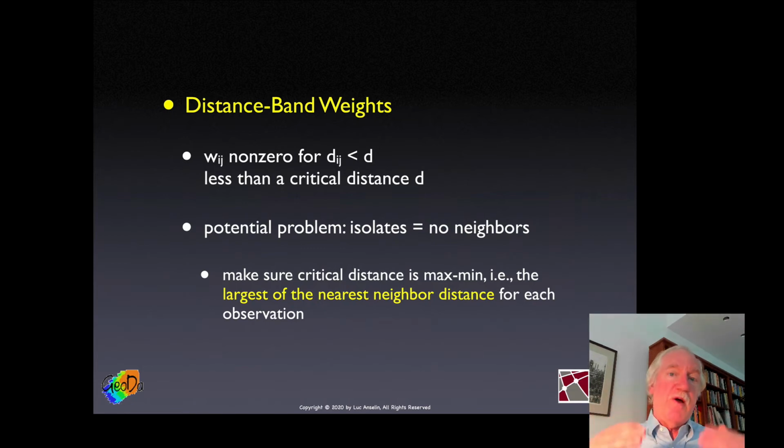So if we look at all the observations and we look at all the nearest neighbor distances, if we take the largest of these, the maximum of the minimum of the nearest neighbor distances, that distance ensures that every observation has at least one neighbor, because the one with the largest nearest neighbor distance will have its neighbor, and everybody else will have one or more neighbors. So that's a criterion to pick a distance to ensure that there are no isolates or no islands. We take the max-min distance, the largest nearest neighbor distance.